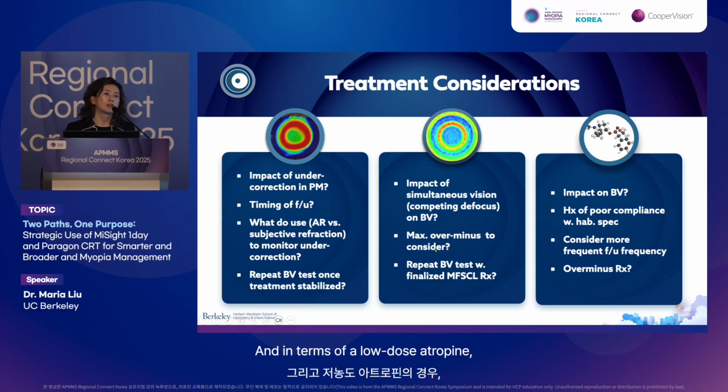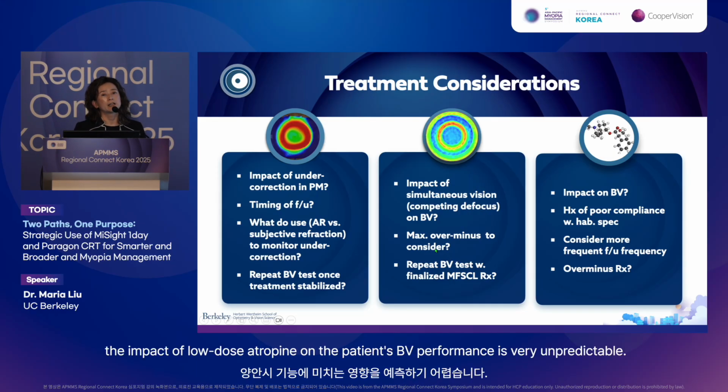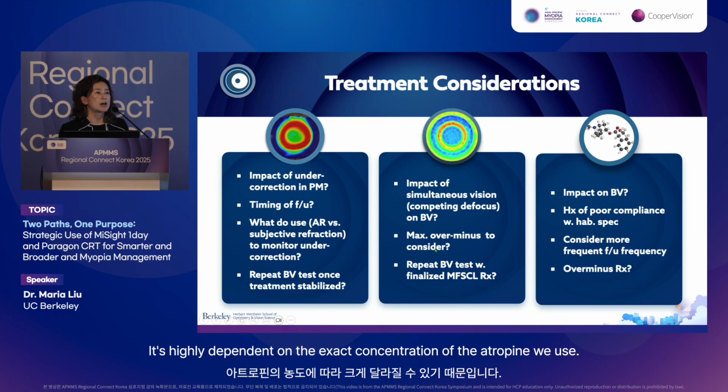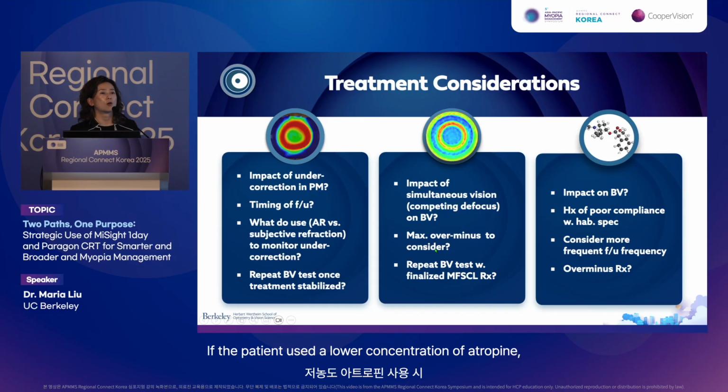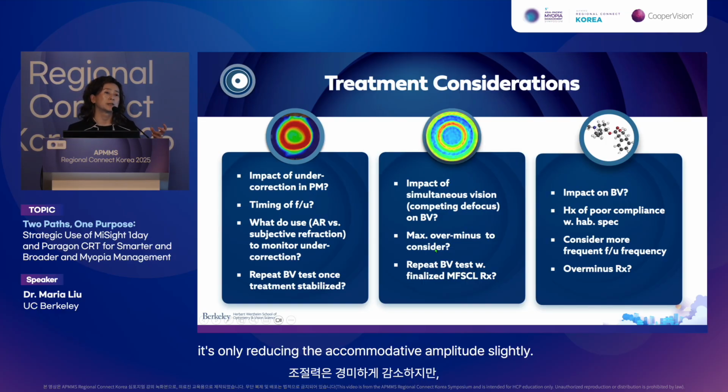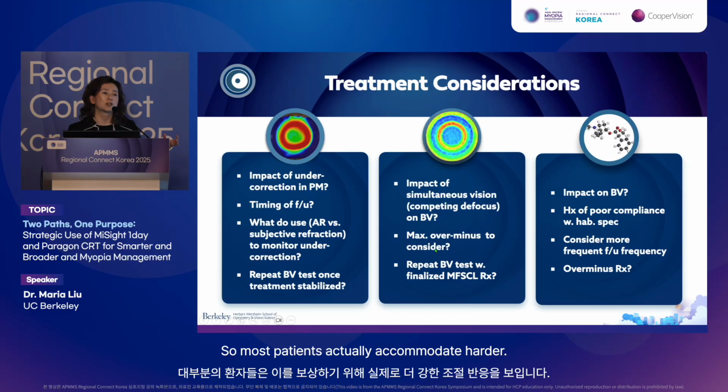And in terms of low-dose atropine, the impact of low-dose atropine on the patient's BV performance is very unpredictable. It's highly dependent on the exact concentration of the atropine we use. If the patient uses a lower concentration of atropine, it's only reducing the accommodative amplitude slightly, so most patients actually accommodate harder.